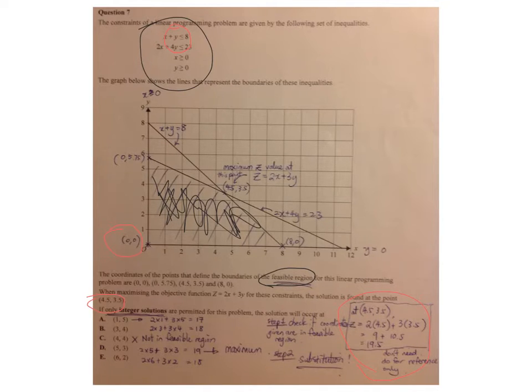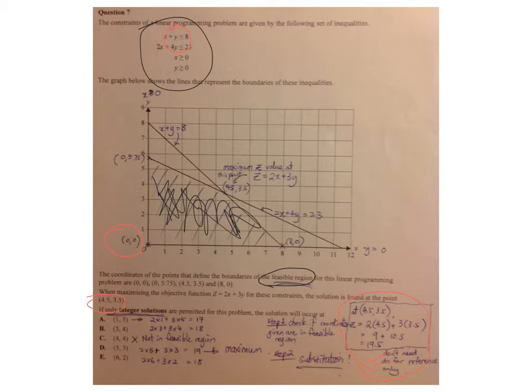Okay, so it's 19.5. So I know that when I'm looking for an integer solution, we're probably looking at something close to or equal to 19. We can't go beyond 19 because the maximum within the feasible region is 19.5, right? If we round it up to the next integer, which is 20, that means we'll be looking at some point coordinates outside the feasible region, which then makes it not feasible.